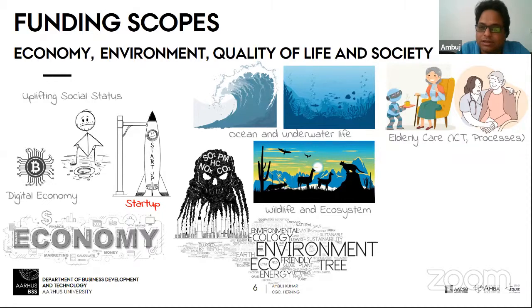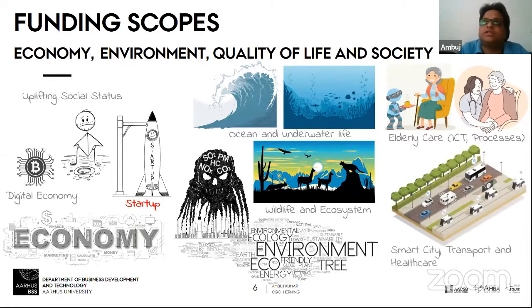So the next is the quality of life of people. Mainly, caring for the elderly is also very attractive as far as funding is concerned. If you have some idea how to take care of elderly people using ICT or by improving the process, it is very much welcome. And this also includes smart cities, transport, and smart healthcare.